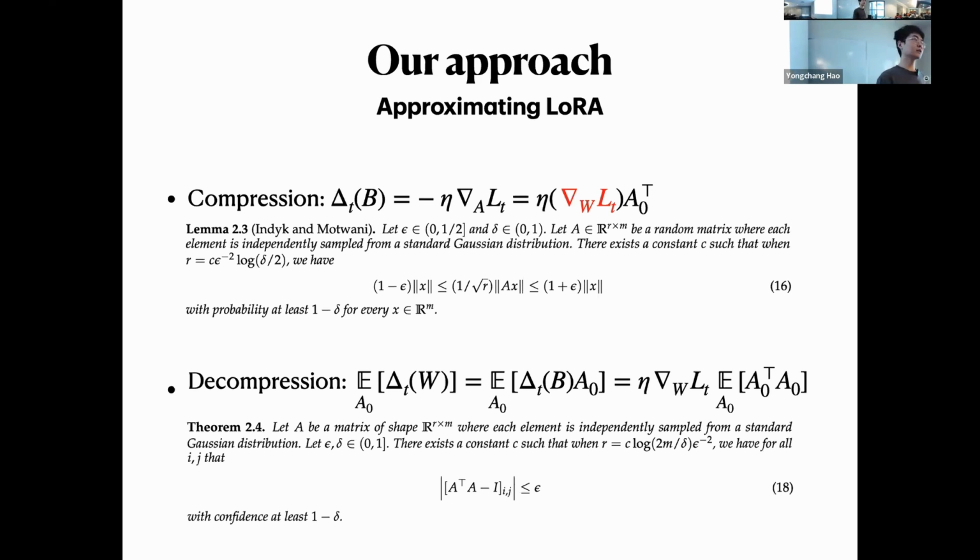The first part is compression of gradient. If you look at the change of B, for every iteration you calculate the gradient of W, and you project it down from a higher dimension to a lower dimension with a random projection A0. And this practice is justified by the JL lemma, or its variant.